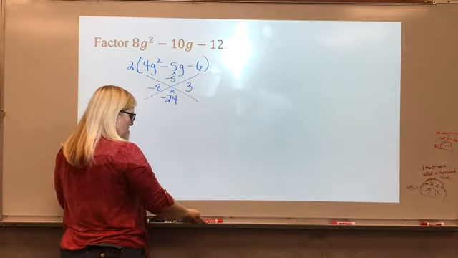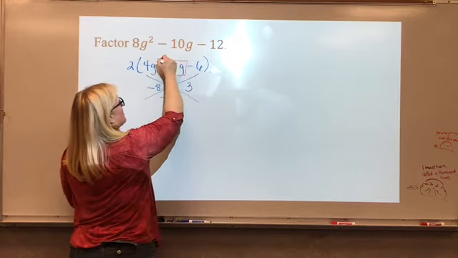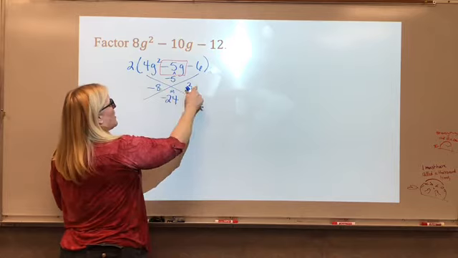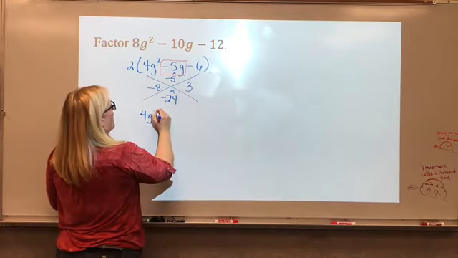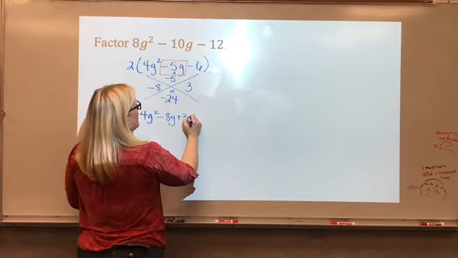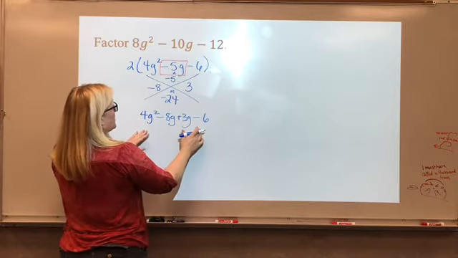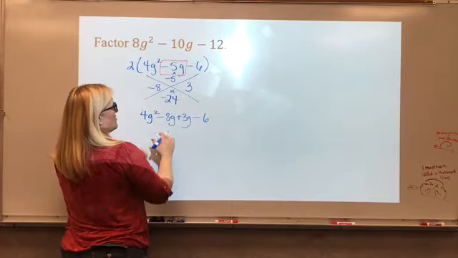So I am going to rewrite negative 5g as a sum of these two numbers. So now I have 4g squared minus 8g plus 3g, that's what these two are, minus 6. So again, you notice that this is exactly the same as this, except I changed the middle.